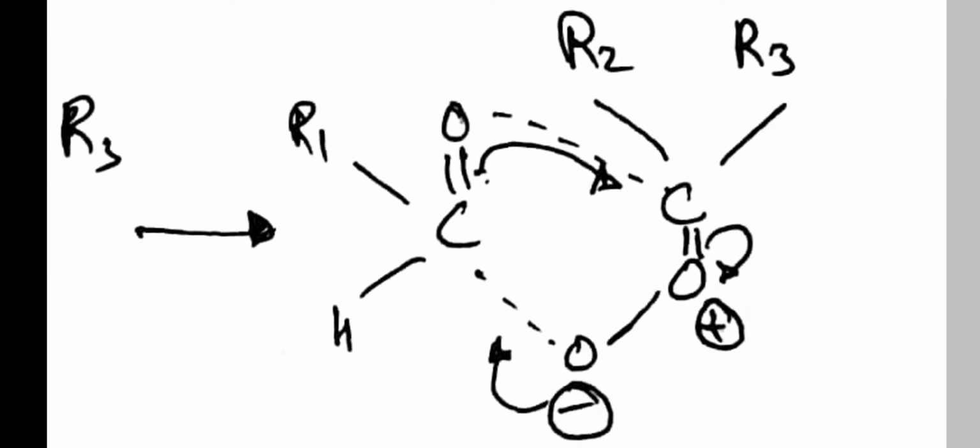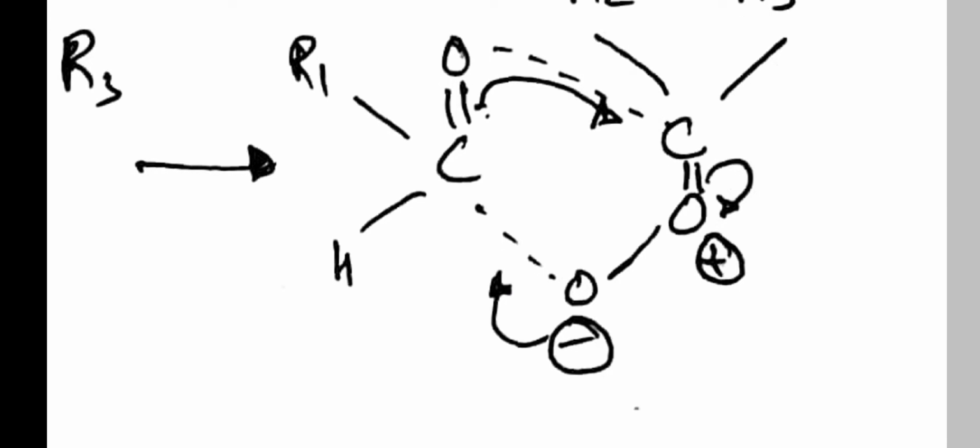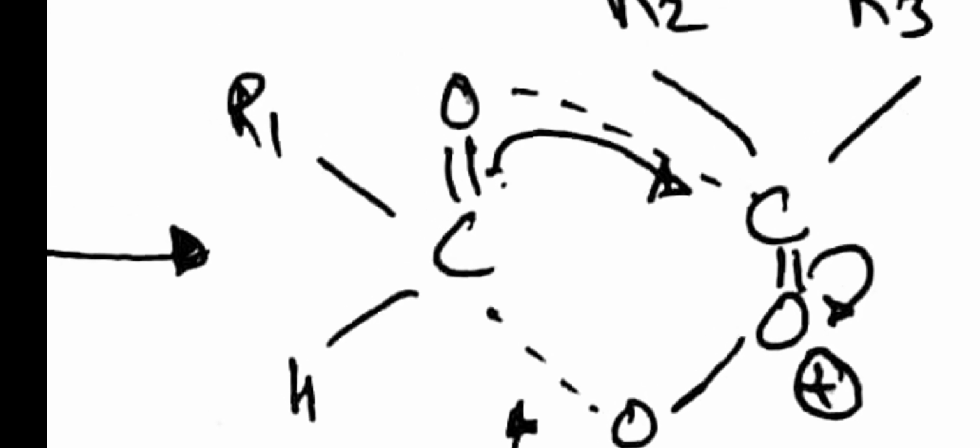As you can see, this is the first species, R1C double bond O, and here it is R2 C R3, with a double bond O, then a single bond and then O minus. The oxygen atom acquiring a negative charge transfers its electron and shares it with carbon 1, forming the carbon-oxygen bond.